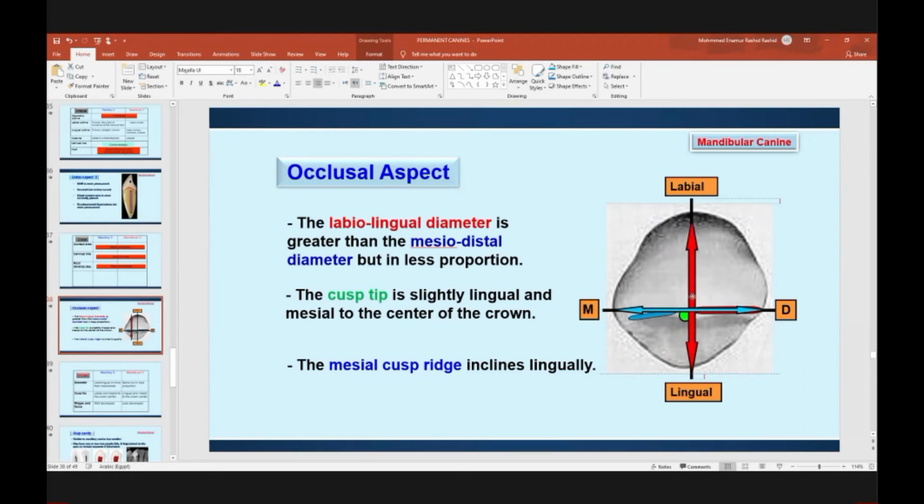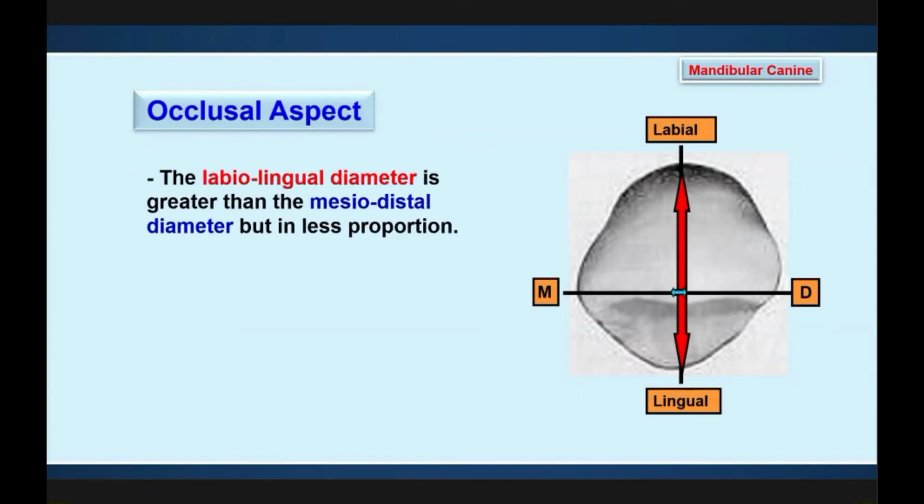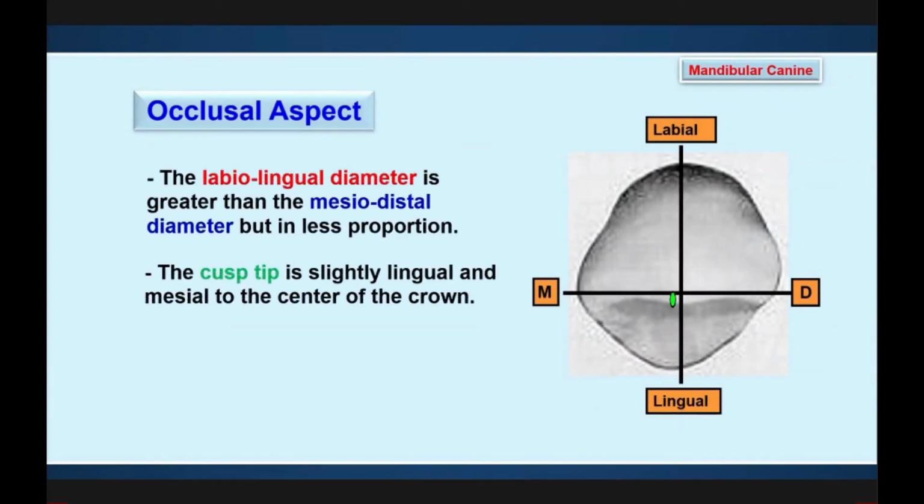This is our cusp tip. The cusp tip is slightly lingual and mesial to the center of the crown, and the mesial cusp ridge inclines lingually. The mesial cusp ridge is a little bit lingually inclined.